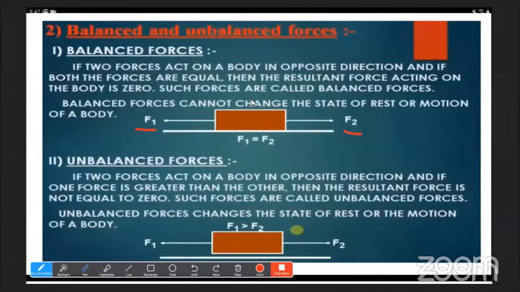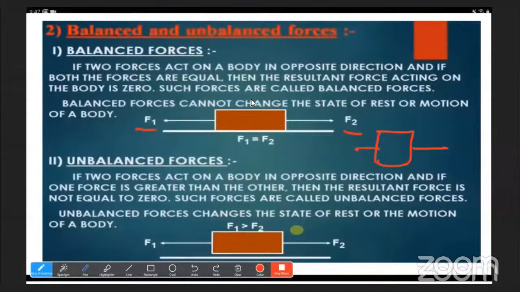Here two forces act on a body in opposite direction, and if both the forces are equal, then the resultant force acting on the body is 0. Okay, so if the two forces are equal and both are in opposite direction, then here the resultant force acting on the body is 0.